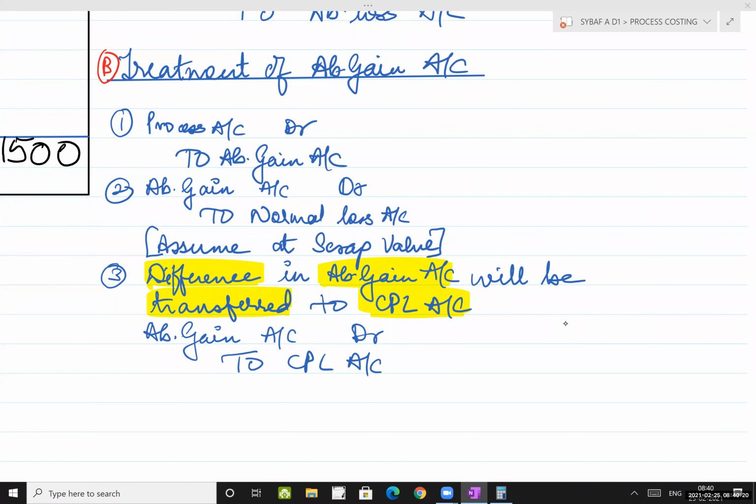Okay, so this is the theoretical part of it. Noted down? Have you noted down? Okay, next.